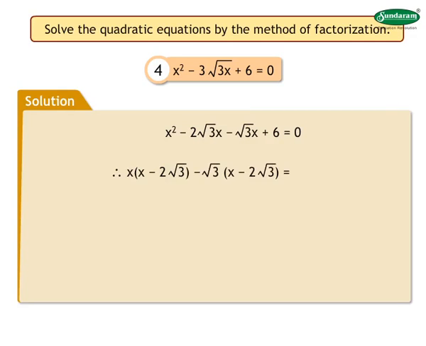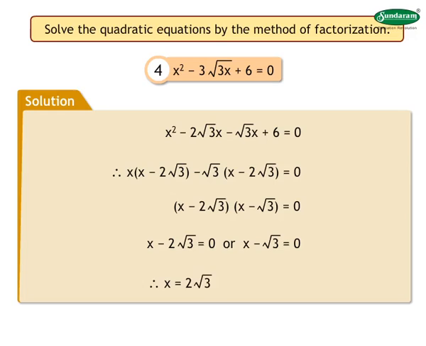Therefore, x into (x minus 2 root 3) minus root 3 into (x minus 2 root 3) is equal to 0. (x minus 2 root 3) into (x minus root 3) is equal to 0. x minus 2 root 3 is equal to 0 or x minus root 3 is equal to 0. Therefore, x is equal to 2 root 3 or x is equal to root 3.